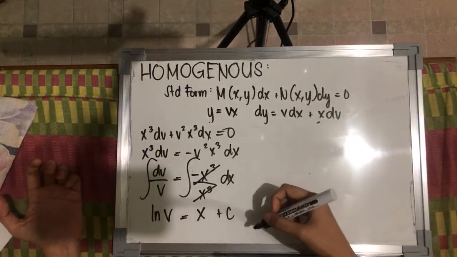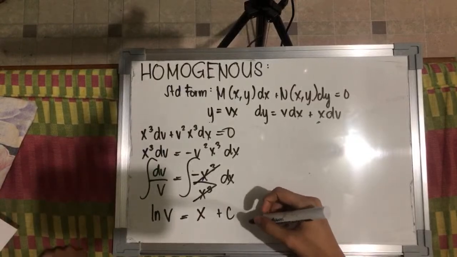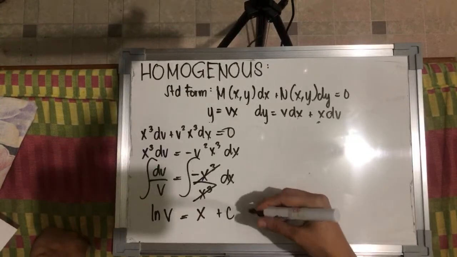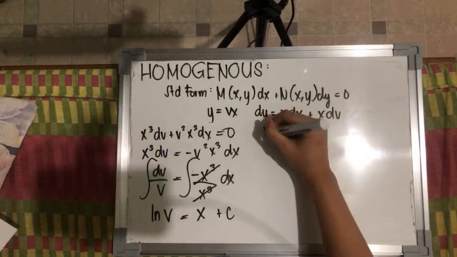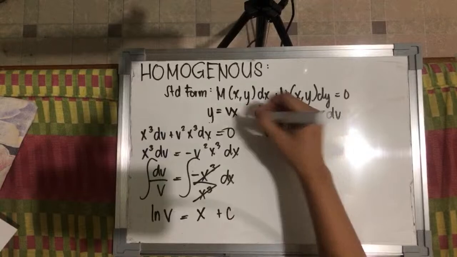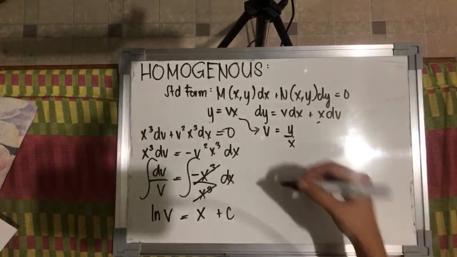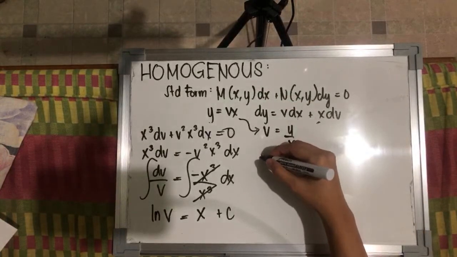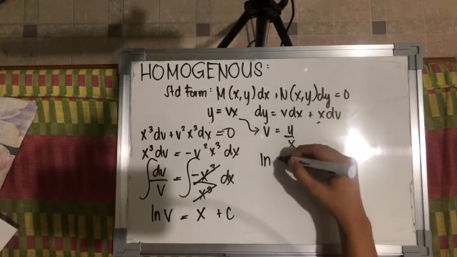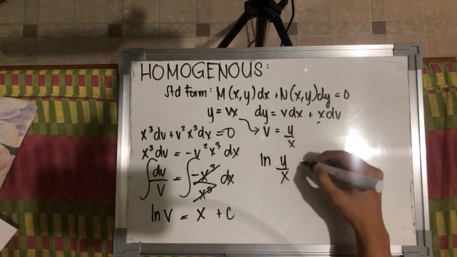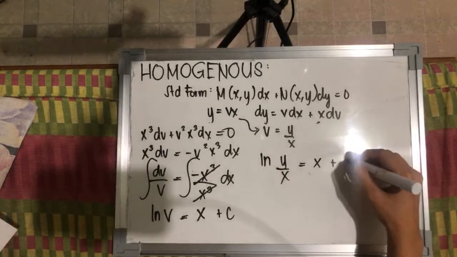Pag nakuha na natin yung simplified form, ibalik na natin siya, 'di ba? Sinubstitute natin kanina as y is equal to vx. So, v is equal to y over x. Galing lang yan dito. So, magiging ln of y over x is equal to x plus c.